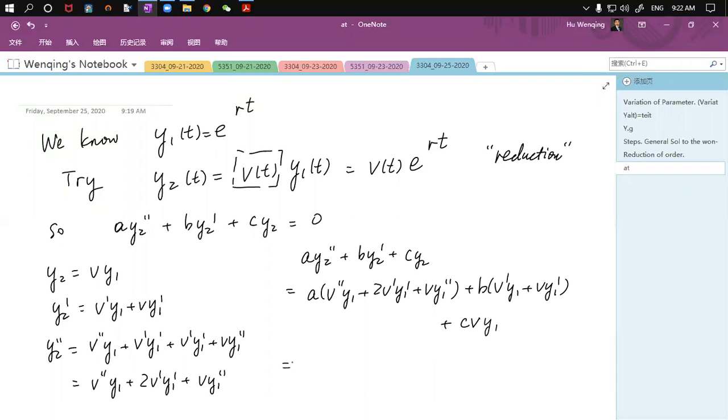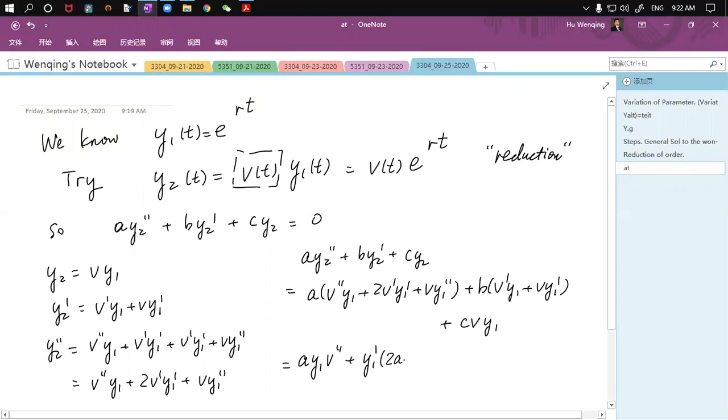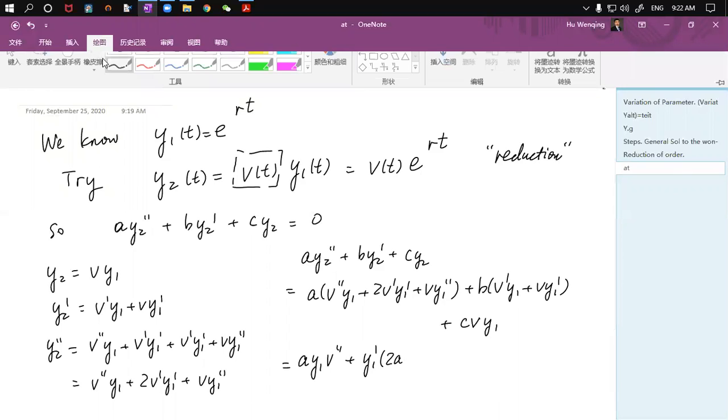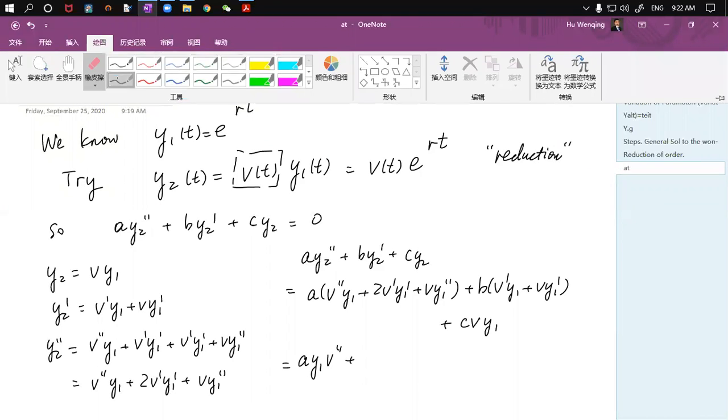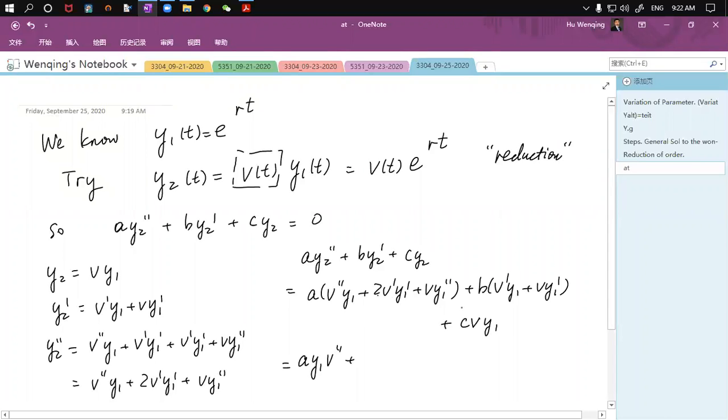But the left-hand side, you can see that as long as you have the v, this can actually be written as a y1 of v double prime. And then plus, in terms of v prime, it is going to be 2a y1 prime plus b y1, multiplied by v prime, because the v prime is common.